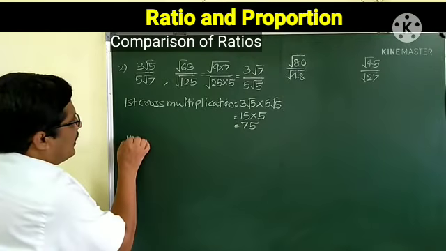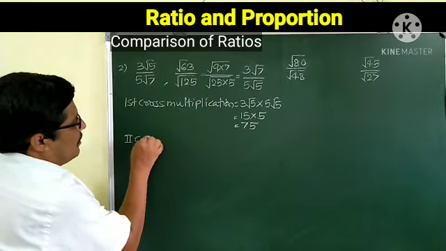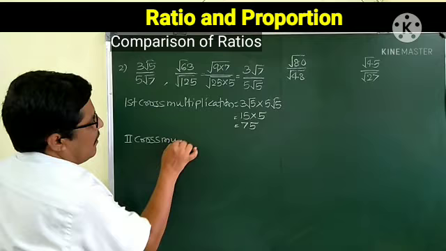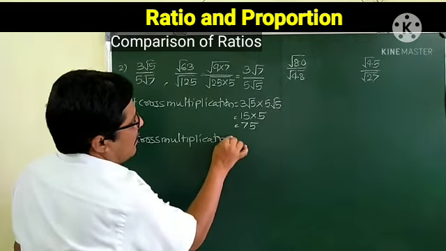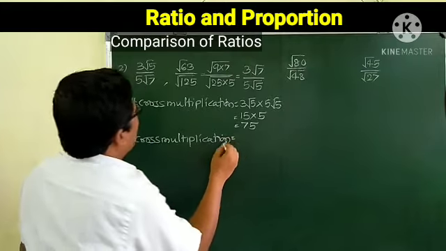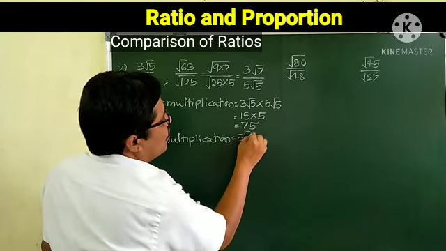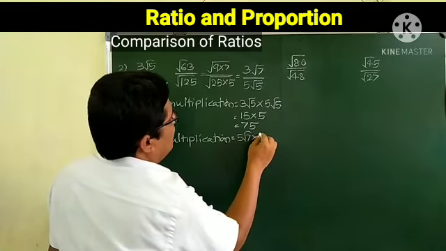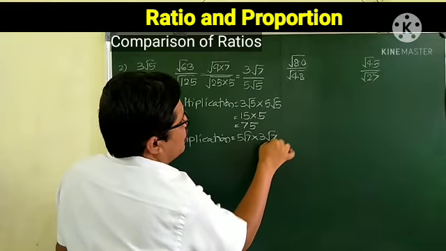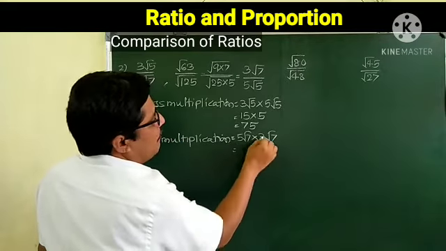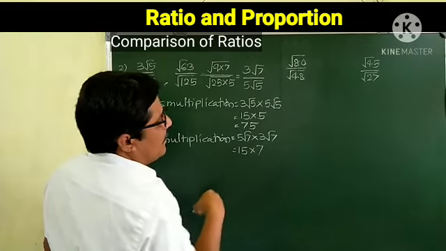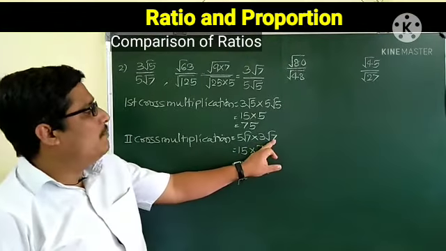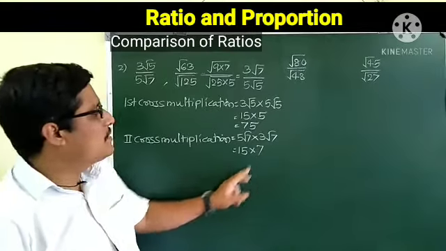Now second cross multiplication, so it is 5 root 7 multiplied by 3 root 7, 5 into 3 is 15 multiplied by square root of 7 multiplied by square root of 7, it will be 7.